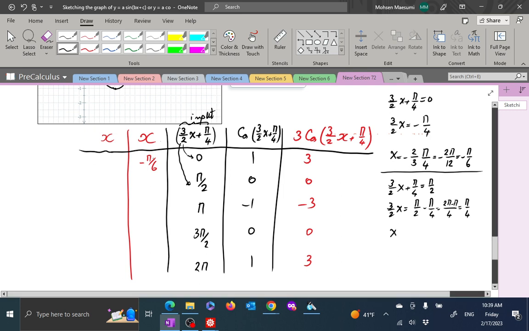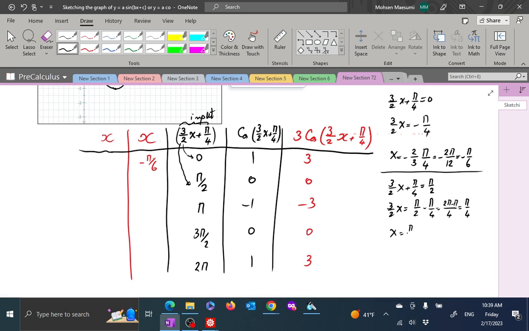So x multiplied by 2/3 becomes pi over 6. I multiplied by 2 and divided by 3. So we took pi over 4, multiplied by 2, divided by 3, just like what we did here. And then you can simplify this by 2, and 2 times 3 is 6. That's how we got that.